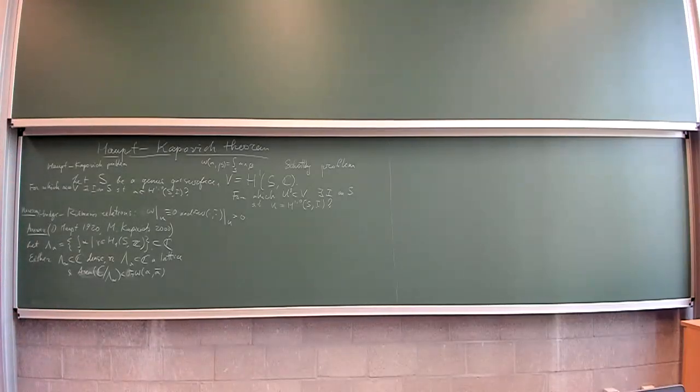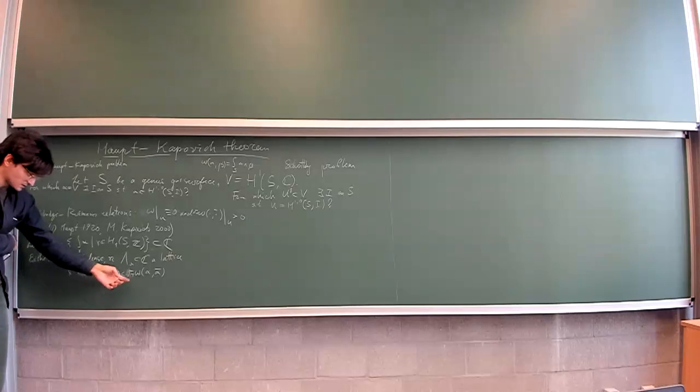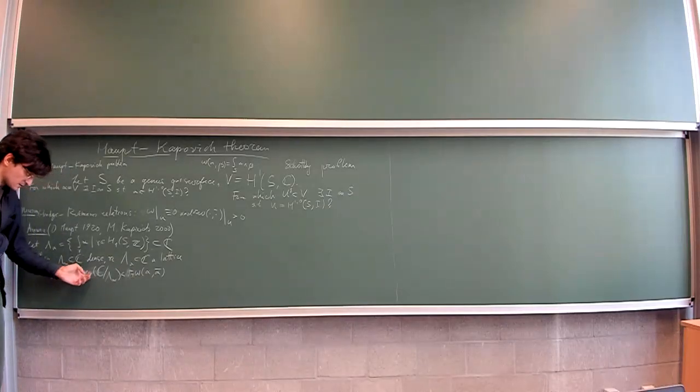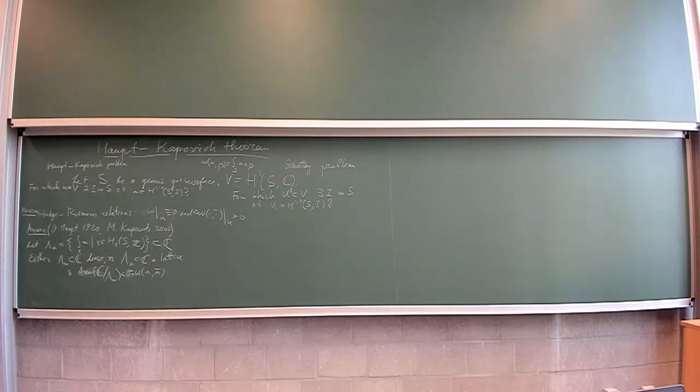If it's a holomorphic map from a curve of genus g to an elliptic curve, it cannot be an isomorphism. So this is at least twice as much as the covolume of this lattice. Surprisingly, this is the only condition.